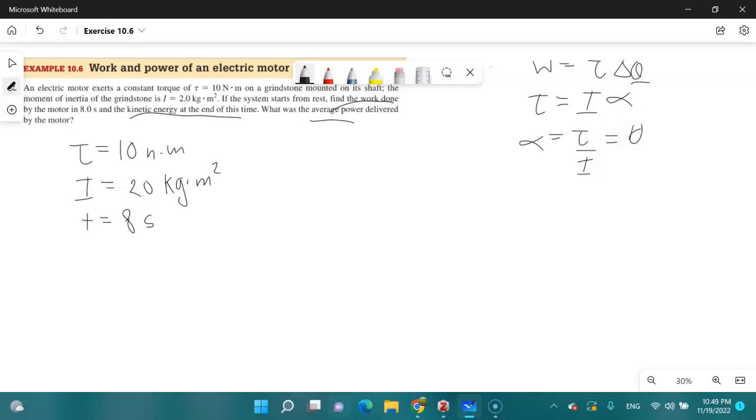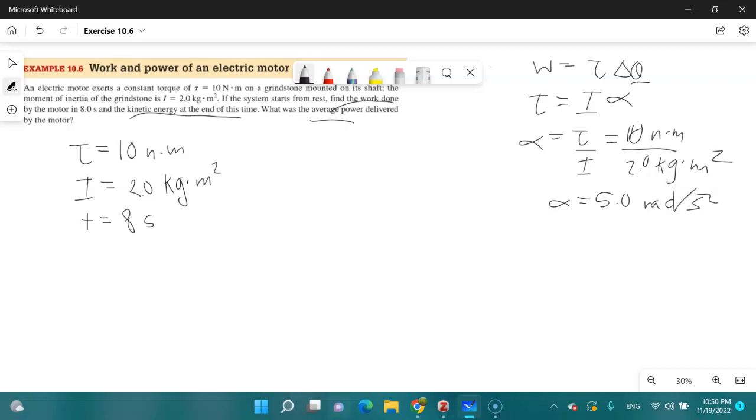We already know these values: the torque is 10 newton-meters, and the inertia is 2.0 kilogram-meters squared. So the value we're looking for is 5.0 radians per second squared, and that is our angular acceleration in this case.